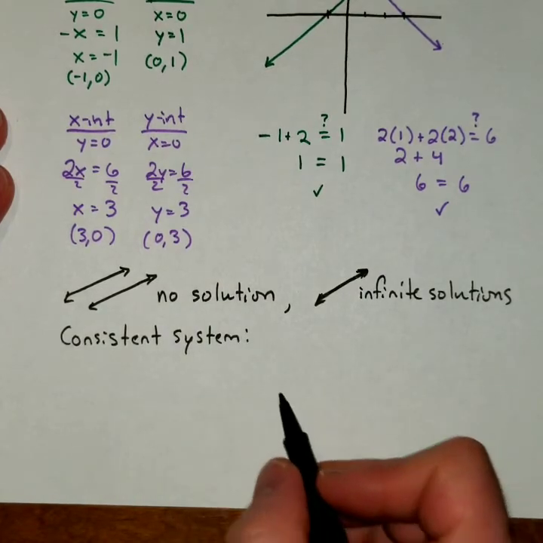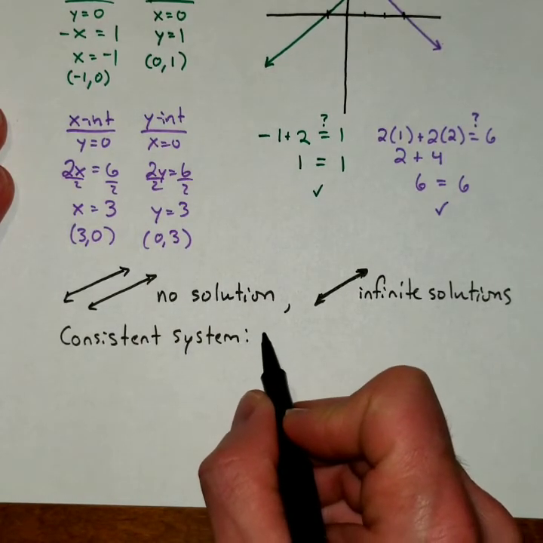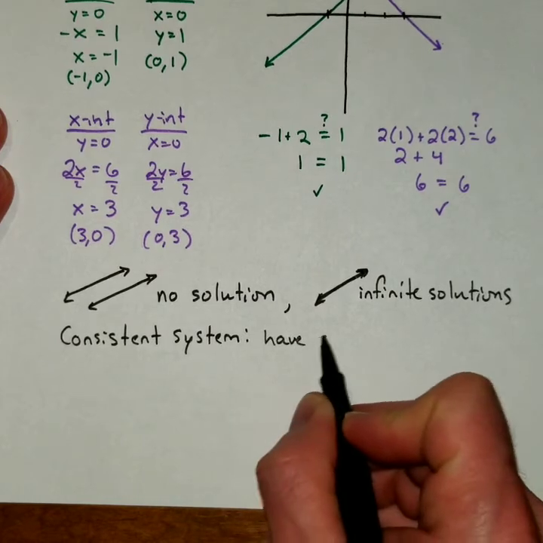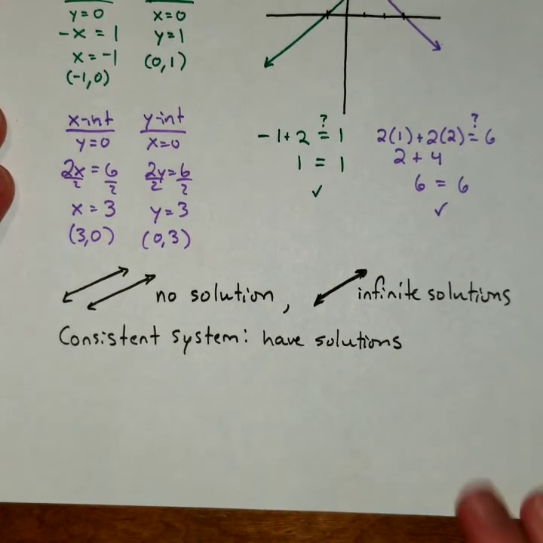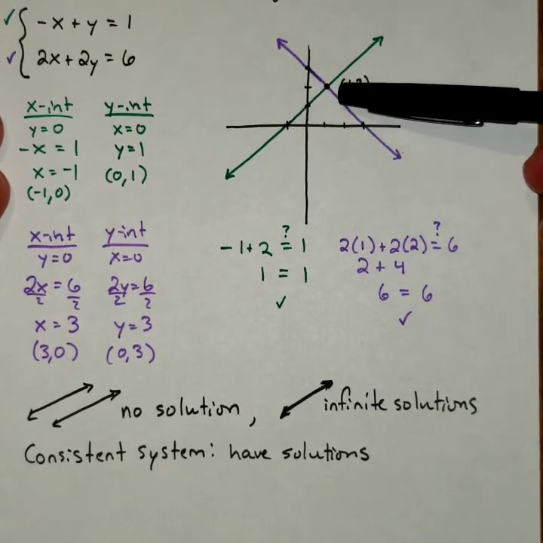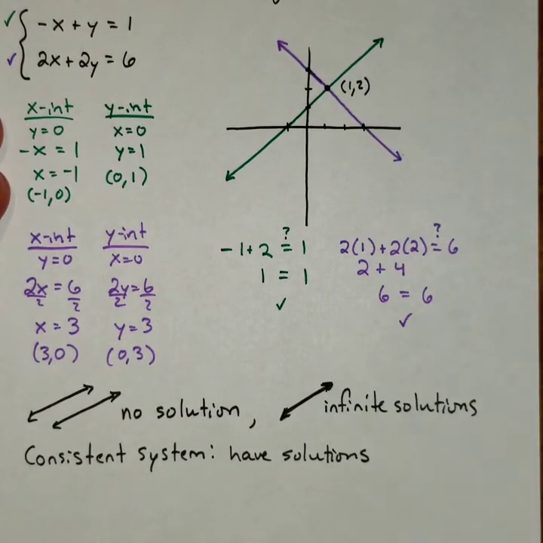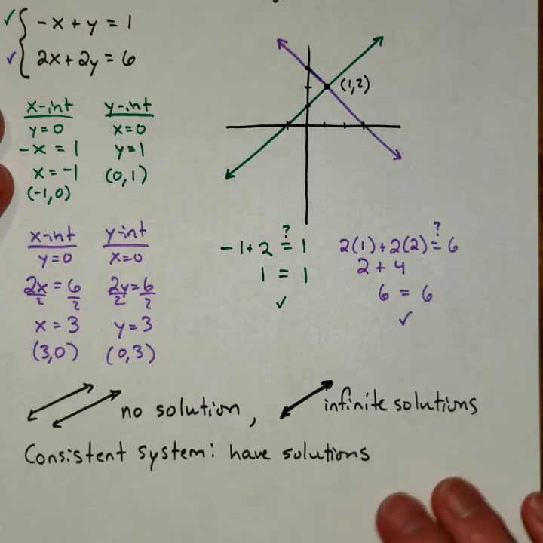Consistent systems essentially are those that have solutions. Okay, so that would be this first case with one solution or the last case with infinite solutions.